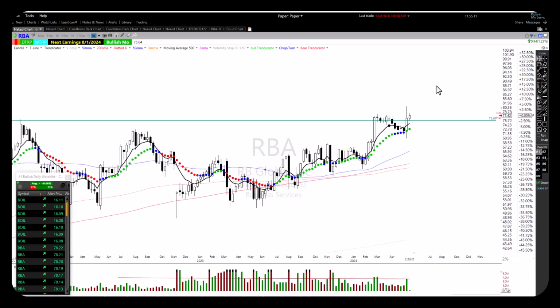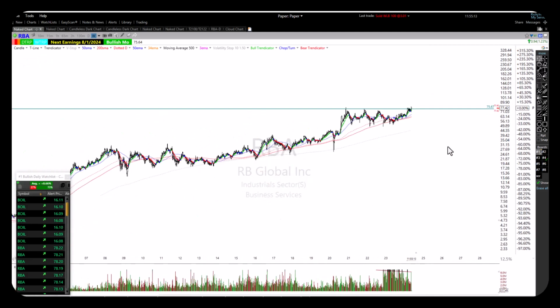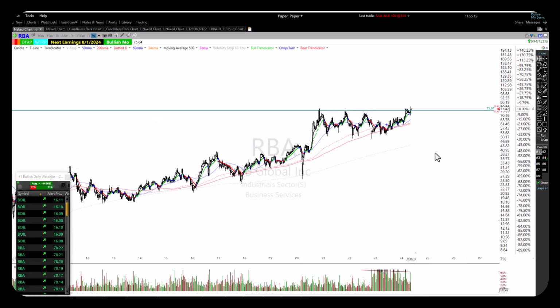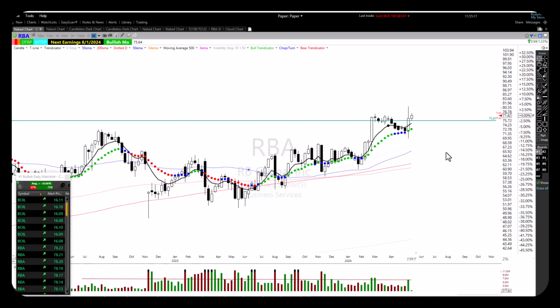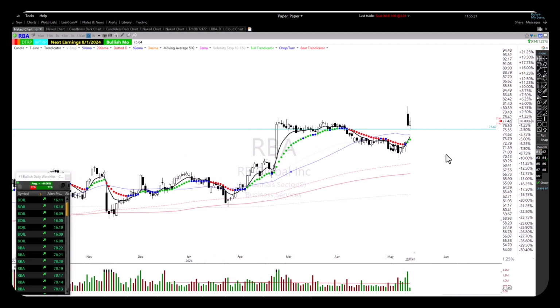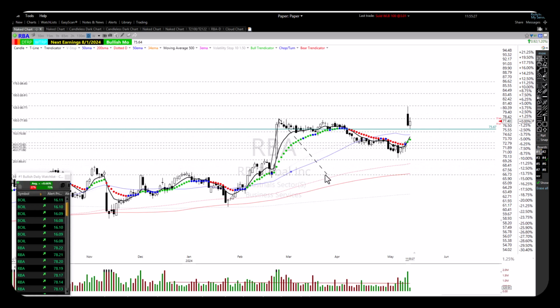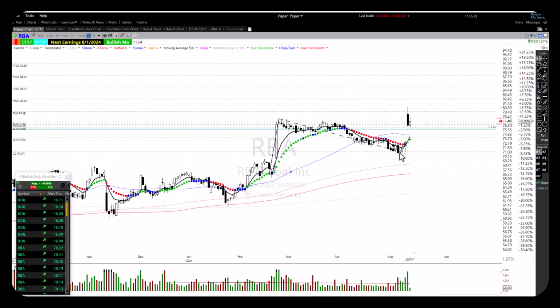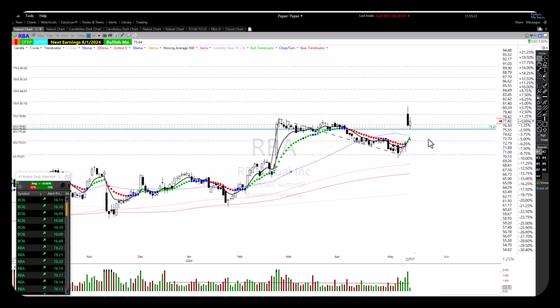Let's take a look at the weekly chart on this, all right? So we're about to see what looks to be a breakout. So I'm going to put a target on this. We'll do something like this right here, okay? So I'm going to take this low, I'm going to go to this high, and we'll come over here. Something like that, all right?